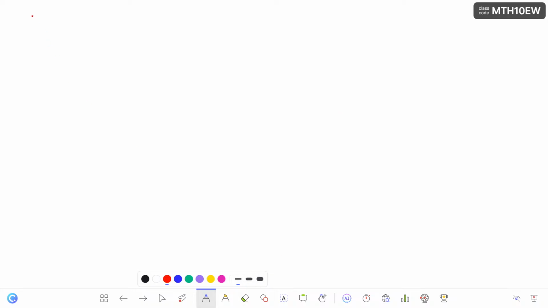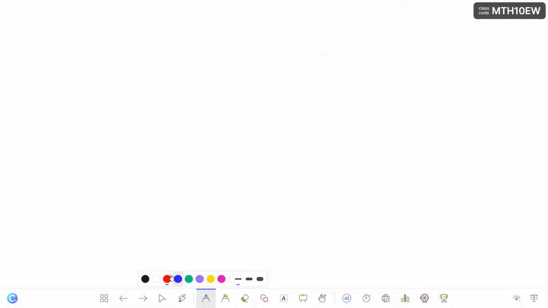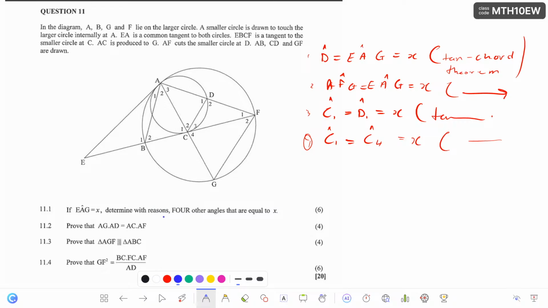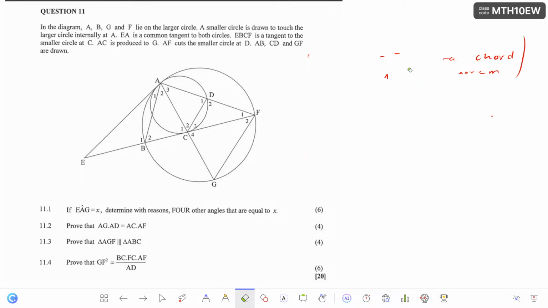Okay, so it's 1.1.2. But no, let me just solve here because in order to solve this, I must be watching the diagram. So I hope you understand the first one.